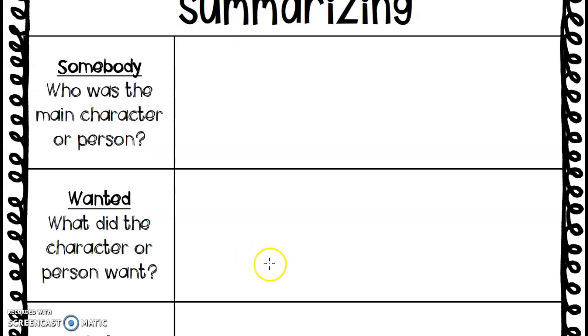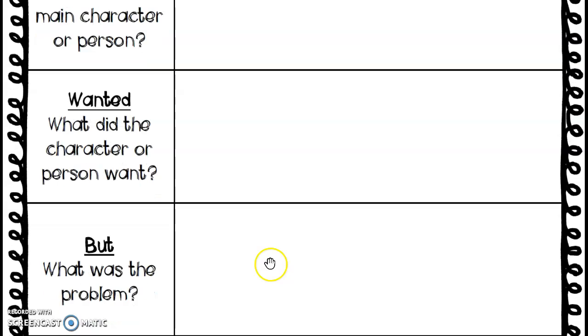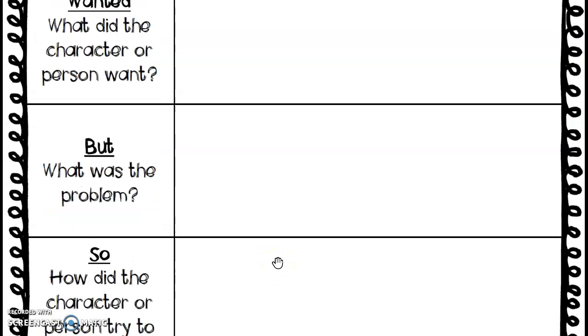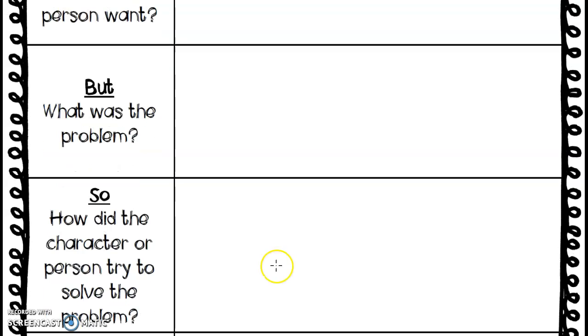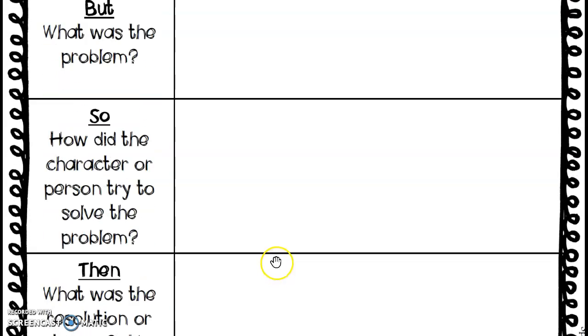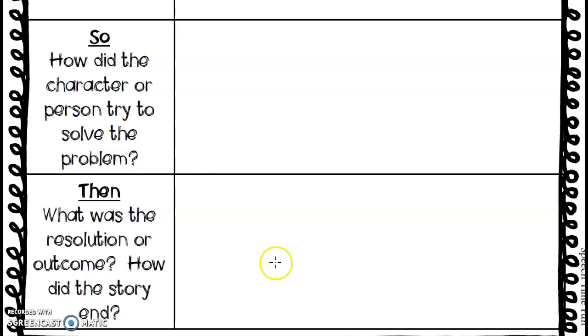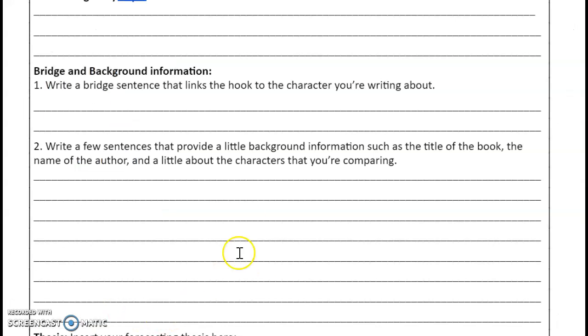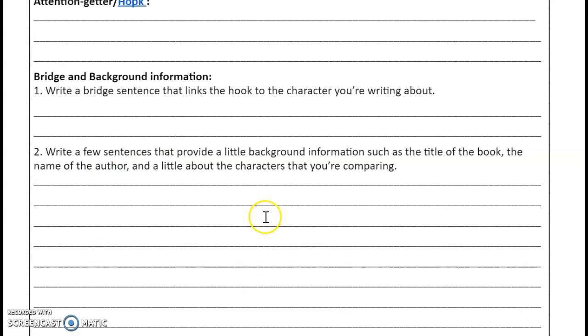What is their goal? But what was the problem? What happens in the story? So how does the character try to solve the problem? And then what was the resolution or the outcome? How did the story end? You want to convey this without giving too much away. That's the tricky part. That is our summary.